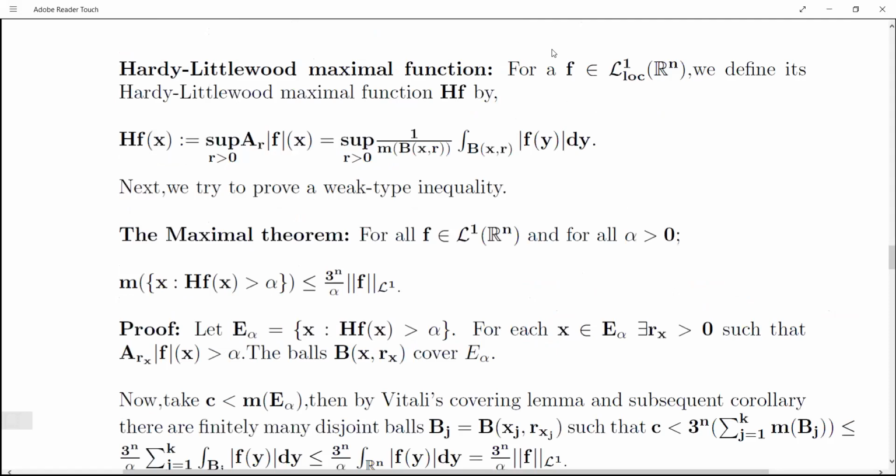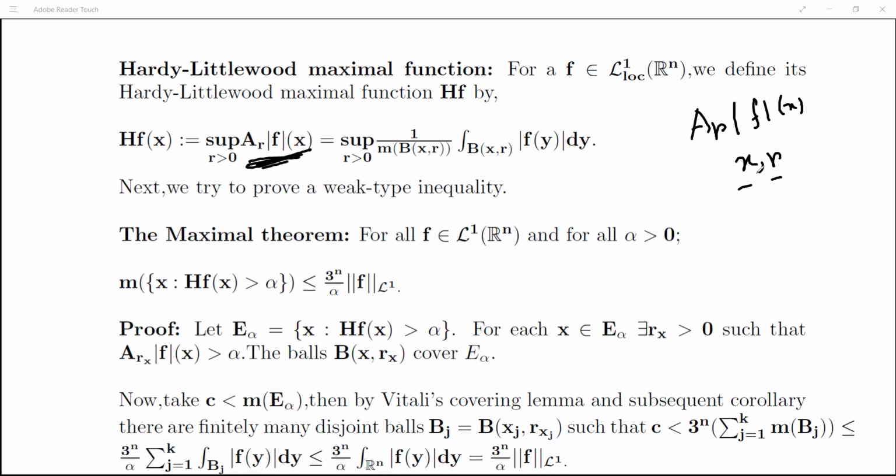Firstly, just observe that this average of |f| over the ball B(x,r) is intuitively clear to be a continuous function jointly in the two variables x and r.